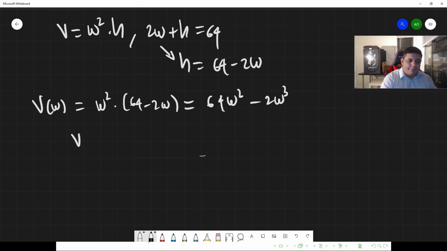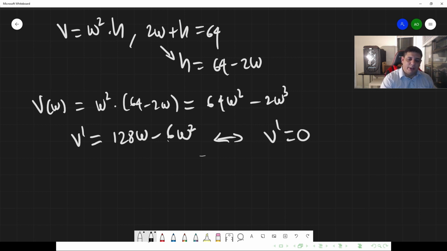Now, given that, we can find the derivative. V prime is going to be 128W minus 6W squared. Now at this point, again, critical points. The critical point likely here is only when V prime is equal to 0, and that means that 128 minus 6W times W should be equal to 0.